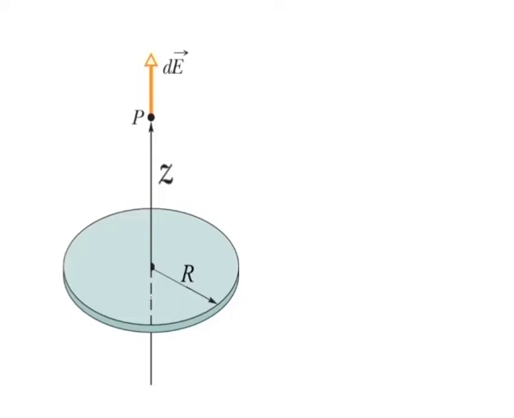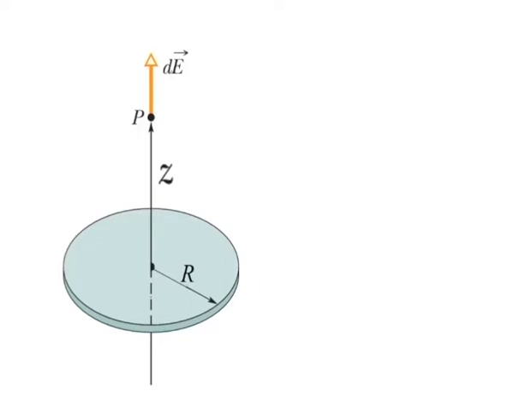The disk sets up a pattern of electric field lines around it, but here we restrict our attention to the electric field at an arbitrary point P on the central axis at a distance z from the center of the disk. We could proceed as in the case of a thin ring, but set up a two-dimensional integral to include all of the field contributions from the two-dimensional distribution of charge on the top surface.